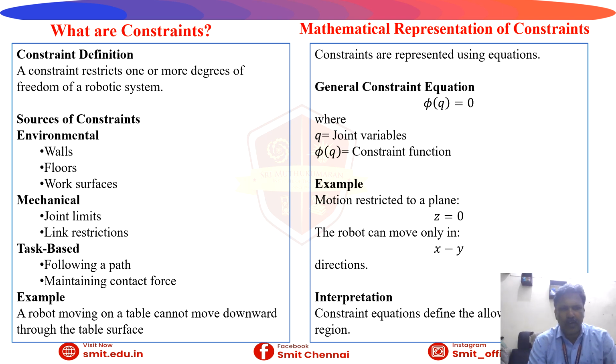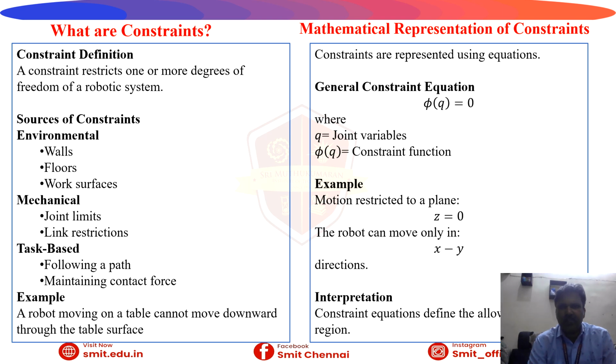Example: if a robot is moving on a table, it cannot move downward through the table surface. That is one of the constraints we can see here.